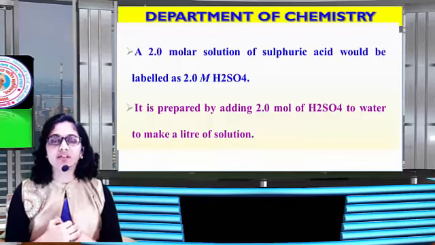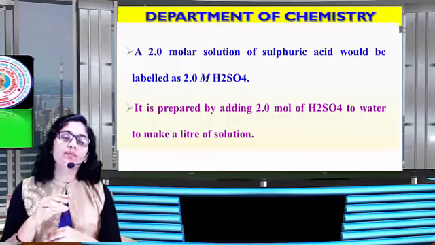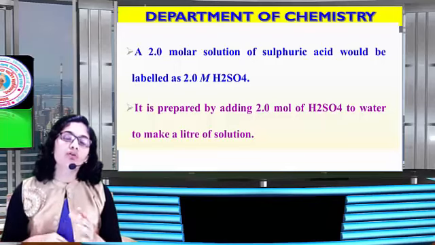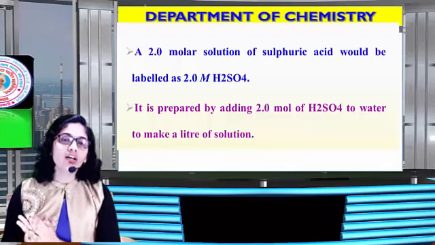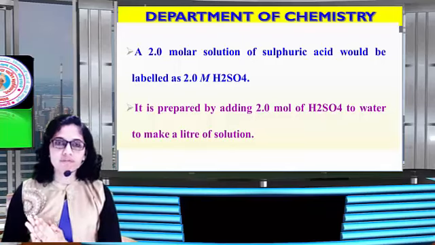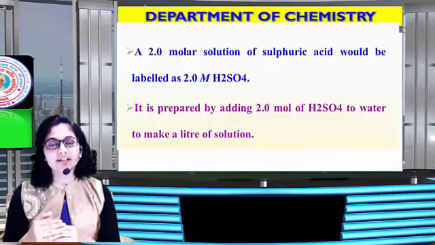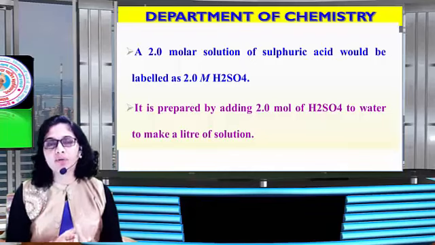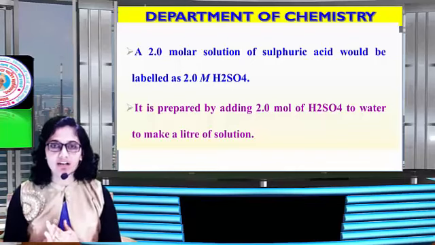Okay, it means up to the mark we need to add water in that solution. After completion of this dilution, whatever we get is called a 2 molar H2SO4 solution, which is the mixture of H2SO4 and water. In that case H2SO4 acts as a solute because it is present in a low amount, and water acts as a solvent because it is present in a large amount.